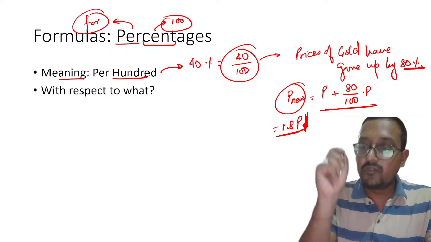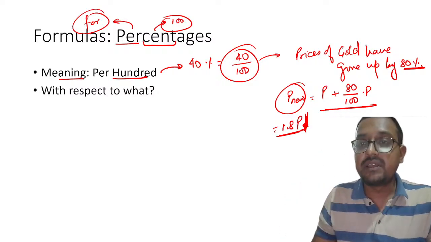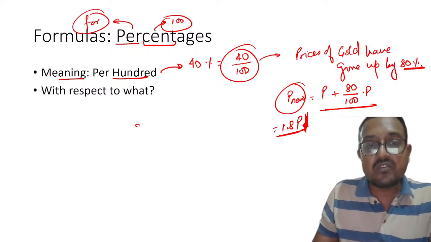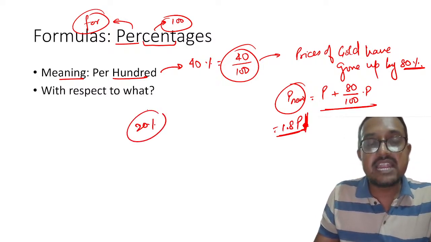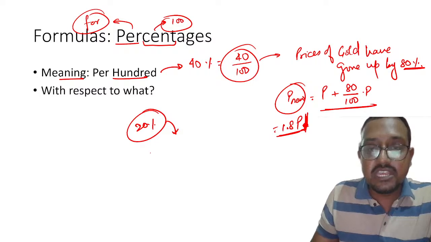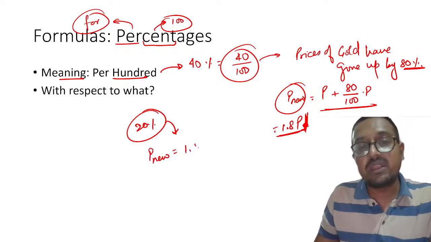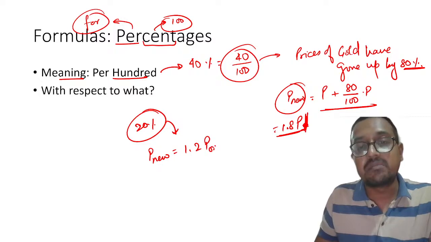My dear students, from here another basic point will link up, because sometimes you will find an increment of 20%. That means the new number will be 1.2 times the original number. Understood? What is the increase?